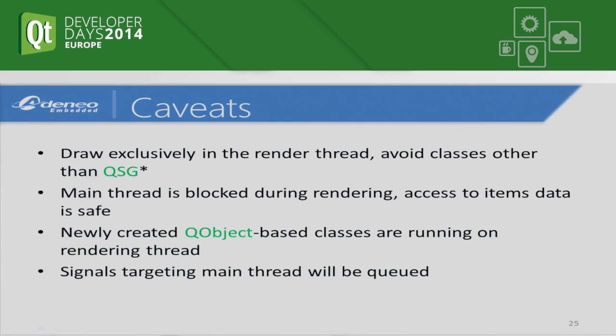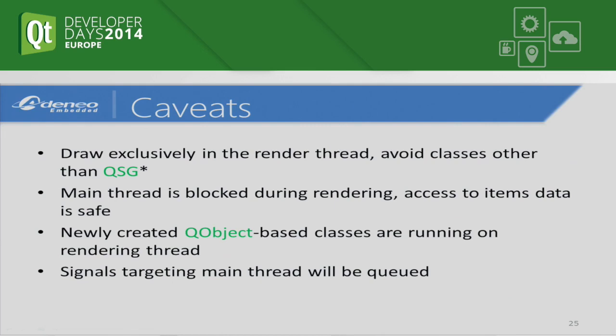The main thread is blocked during the rendering, which means you can access the data. It doesn't mean it's completely safe, but it means that when you are doing the rendering, at least it is not being modified at the same time. It will not change in the middle of your rendering.